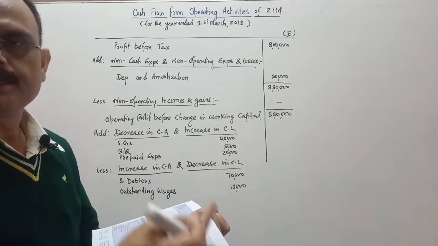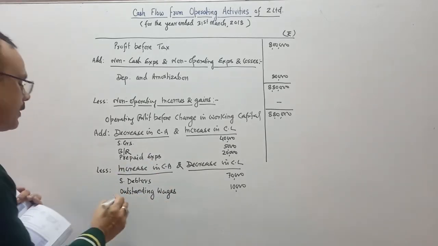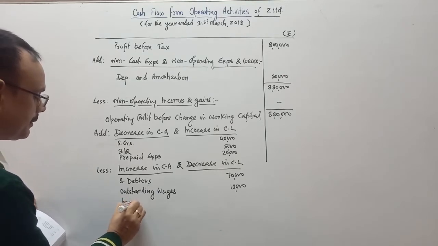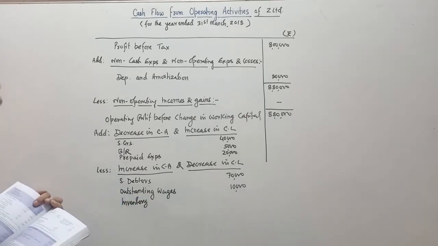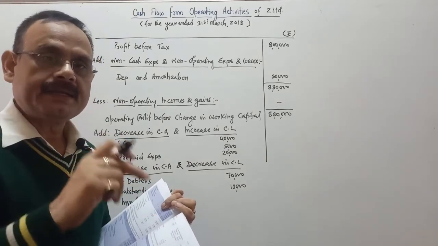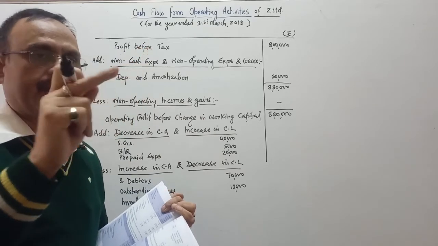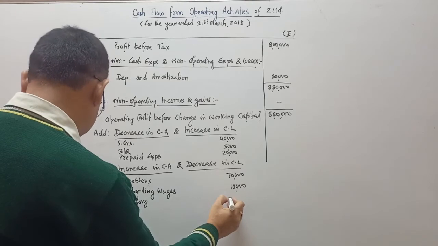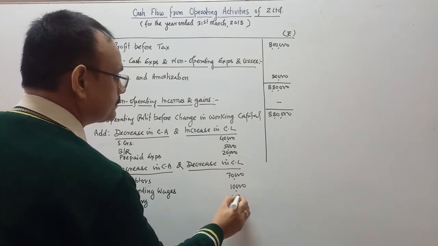So inventory, our current asset, has increased. The difference, the change in inventory, is 1 lakh.